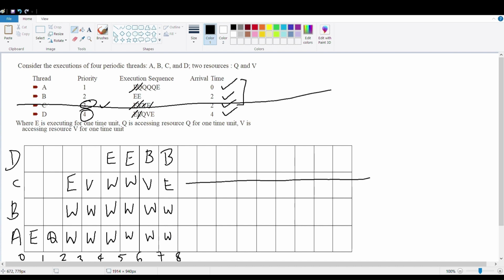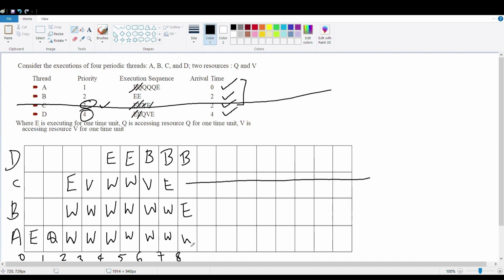At 8, there are three processes in the system, A, B and D. D is still blocked, because D requires Q and Q is held by A, right? So B has high priority now, so B will execute E.